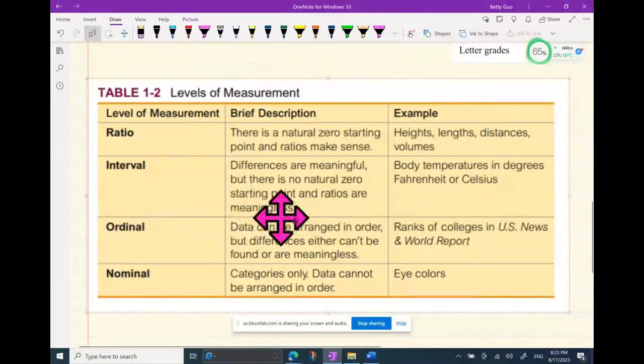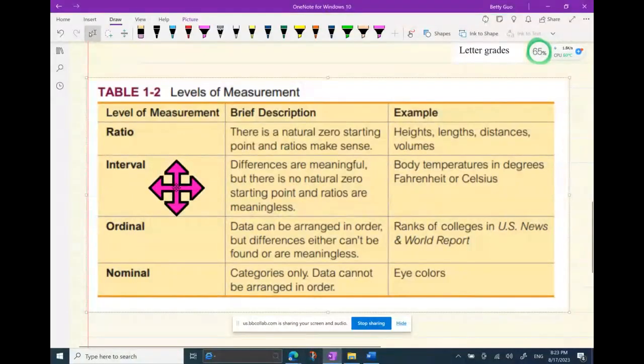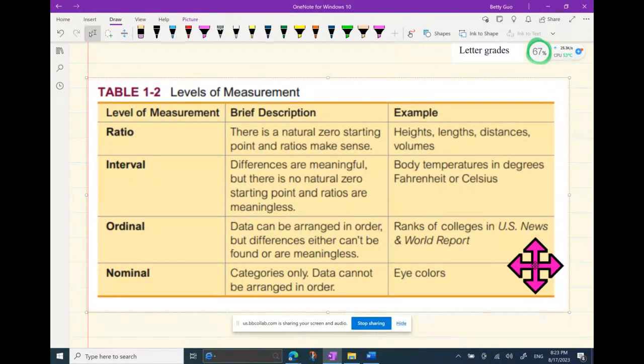So another thing about interval is that ratios are meaningless. Does anybody know where time starts from? Now we are in 2023, but that is something people made up, right? For convenience, people come up with the calendar, but it's just a way to serve society so that we can function following a calendar.